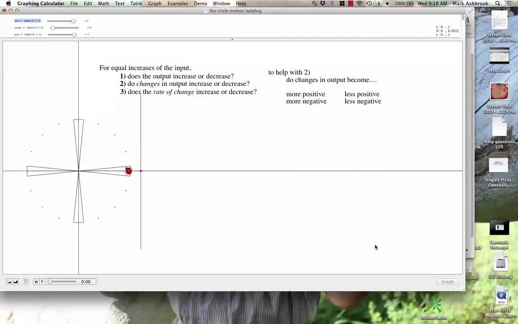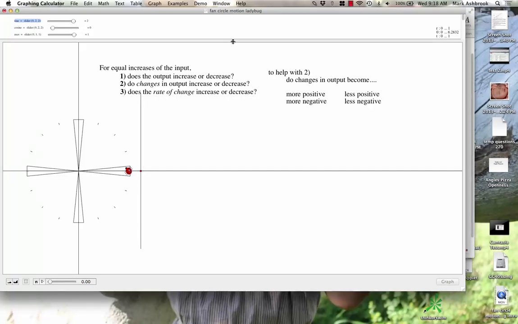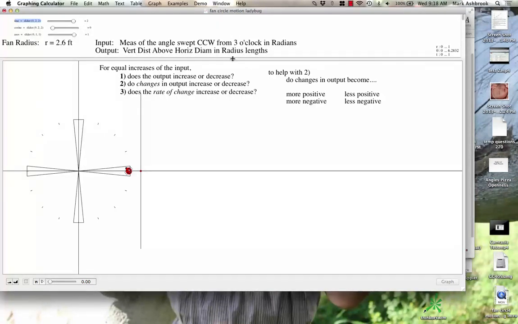We said if we want to graph this and understand how, we started with, which one do we start with? Input, measure the angle swept counterclockwise from 3 o'clock in radians. Output, vertical distance above the horizontal diameter. And what was our way of tracking or analyzing the covariation of these two quantities? What do we do first? We look at?